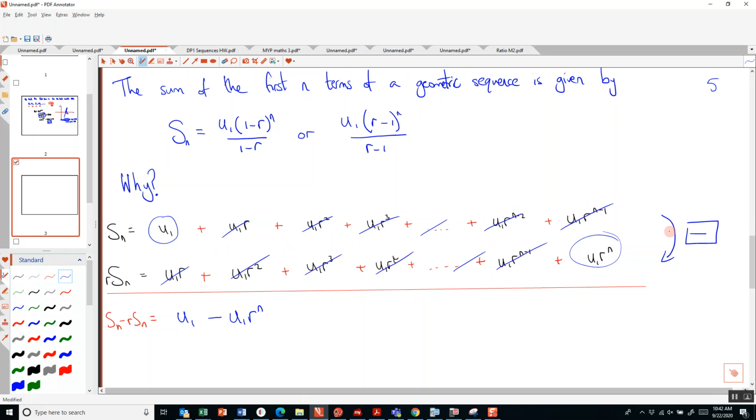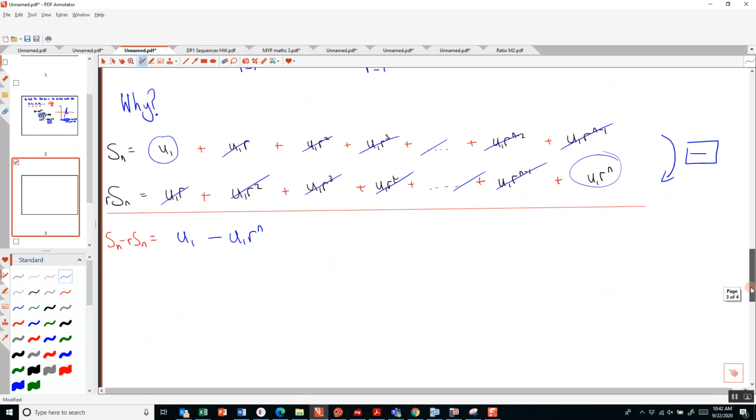That makes sense? Yeah. And this is looking more like the formula as we work through.